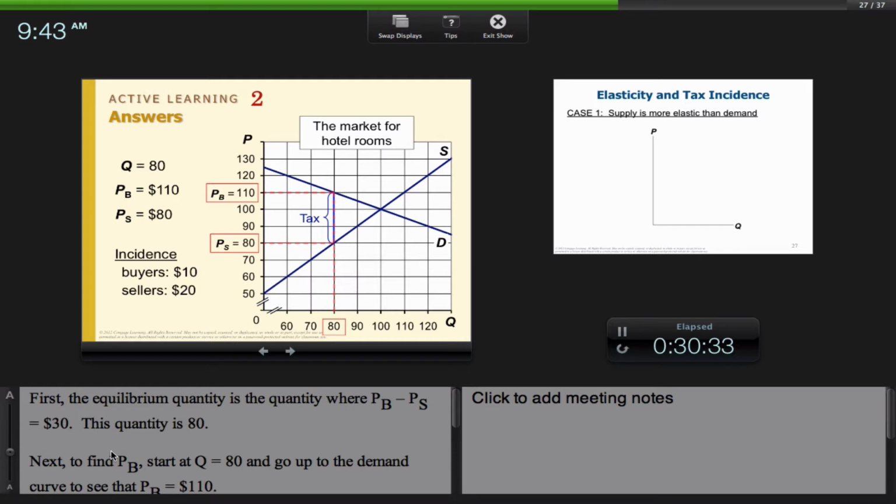So now they're getting $640 a room into their pockets, where they used to get $1,000. Buyers used to pay $1,000, but now they're paying 11 times 8, 880.